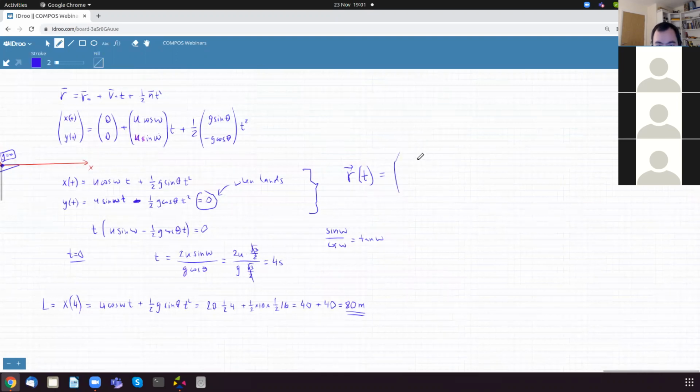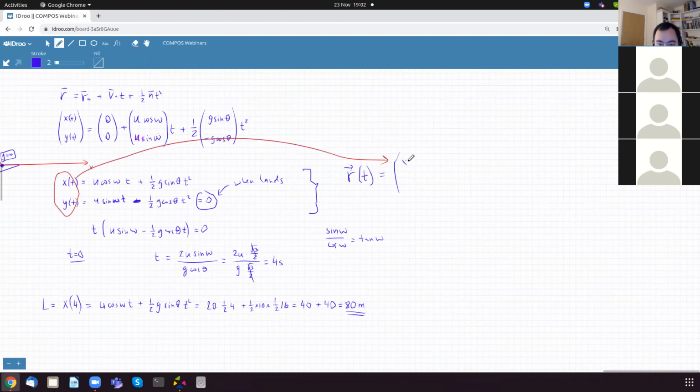and it's going to be u cos omega. So I'm going to plug in the values. I'm taking these values from here, just for you to understand, and plugging them here.